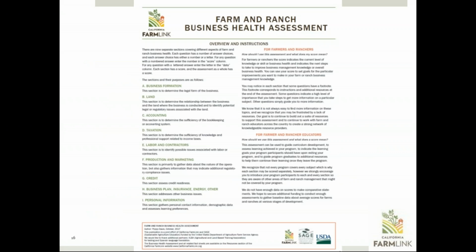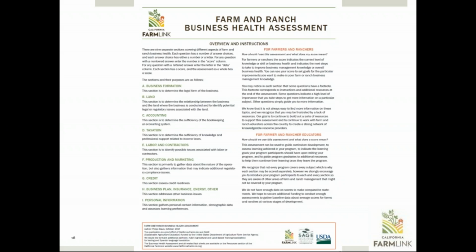So this is just an image of the first page of the Farm and Ranch Business Health Assessment, and this tool was the brainchild of Poppy Davis, who's a renowned sustainable agriculture consultant. She has extensive expertise in agricultural law and taxation.